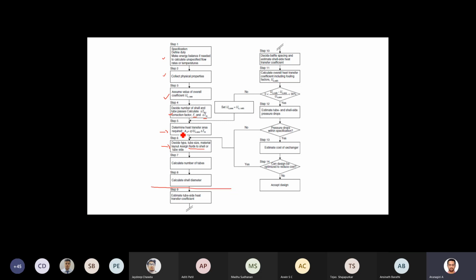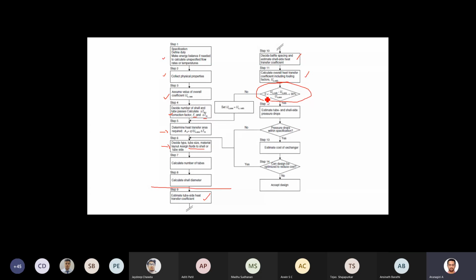Since all the sizing is done based on the assumed value of U, you have to validate that. So you estimate the tube side heat transfer coefficient, decide the baffle spacing, estimate the shell side heat transfer coefficient, calculate the overall heat transfer coefficient, and then calculate the difference. Or instead of using the overall heat transfer coefficient, you can calculate the deviations using area also.